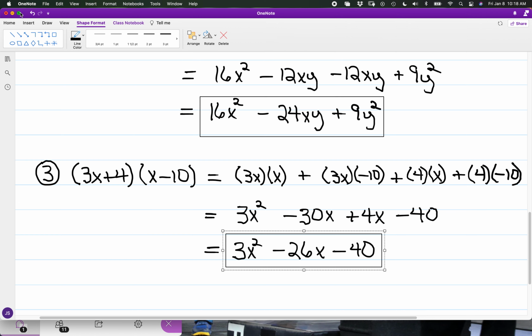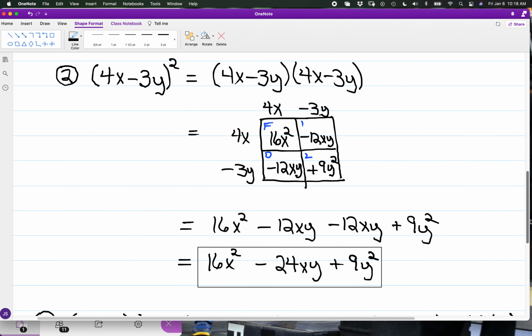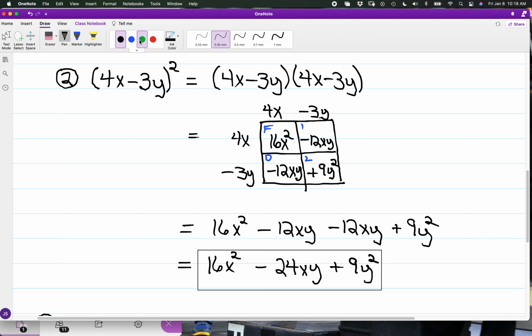And let me mention something right quick. For the prior example, I took the square of 4x minus 3y. And there's a name for this particular output, and it's with the raising to the second power.